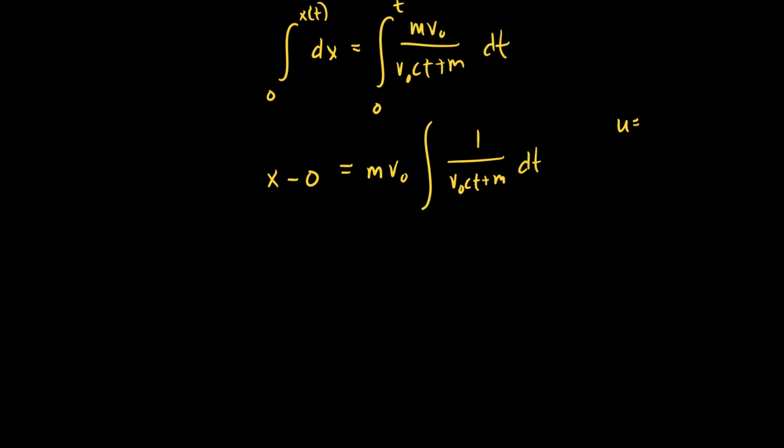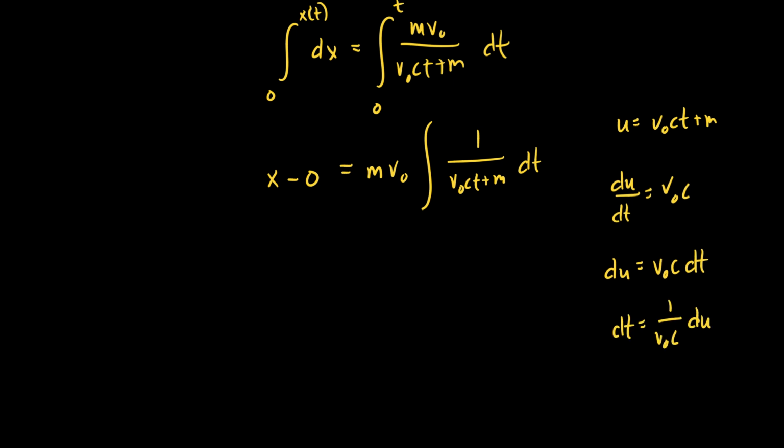My u sub will be v naught ct plus m. du/dt is going to be v naught c, and du equals v naught c dt. So dt is 1 over v naught c du. All right, just like a process from yesterday. Are we all good? Going fast, I know.